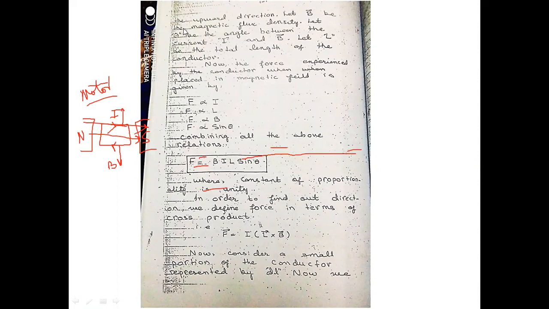And now sine theta, not theta but sine theta: as sine theta is greater, the force will be greater. So combining all the above relations, we get F directly proportional to B I L sine theta. Let's suppose the proportionality constant is 1. So F is equal to B I L sine theta.